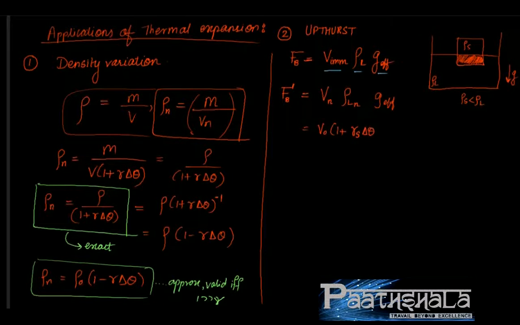Change in temperature is delta theta. And density of liquid new is given by the exact expression here, which is density of liquid old upon 1 plus gamma liquid delta theta, into G effective, because density of liquid is changing when we heat the liquid. That's correct.